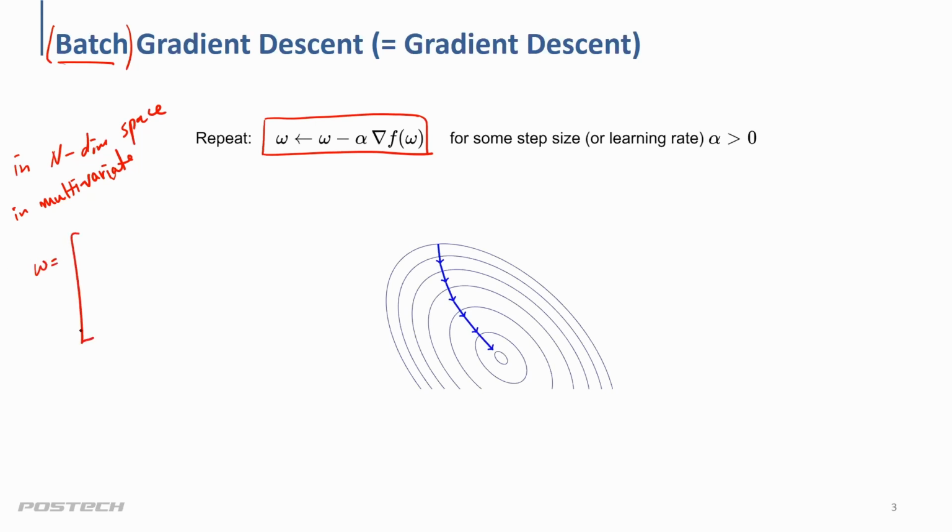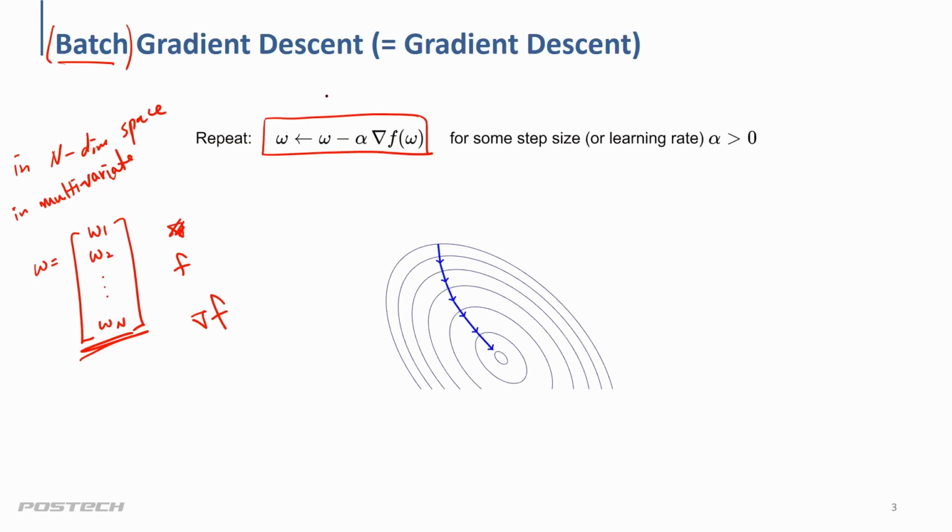Again, the omega here is not a scalar in general; it will be a column vector because we are dealing with multivariate space. We can define the objective function. The objective function is a scalar, but since we have many different elements in the omega column vector, we have to compute the gradient of the function f.